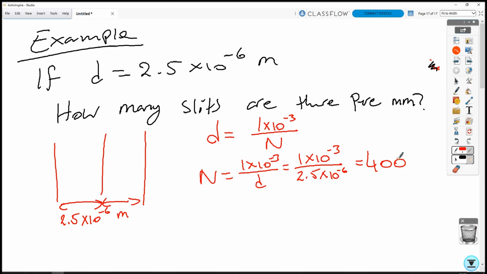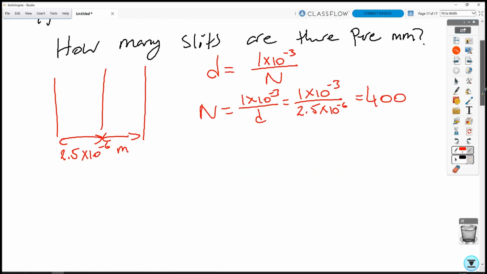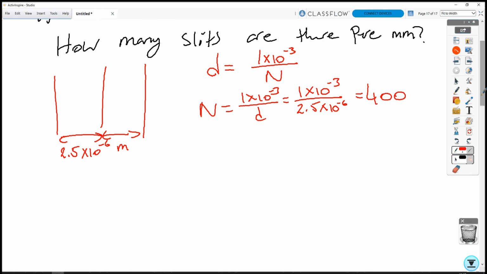But 400 is roughly equal to 401. So we'll just round it to 400. So we can say that n is equal to 400 slits per millimeter.